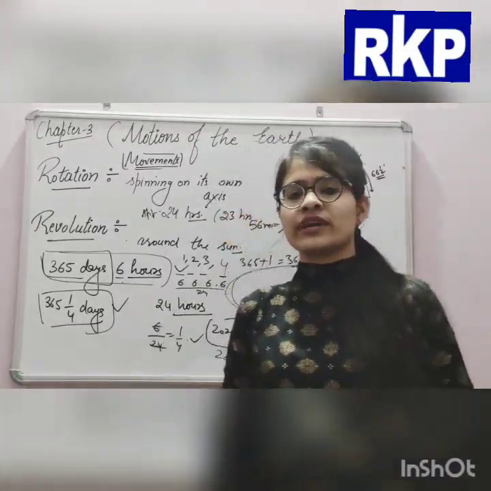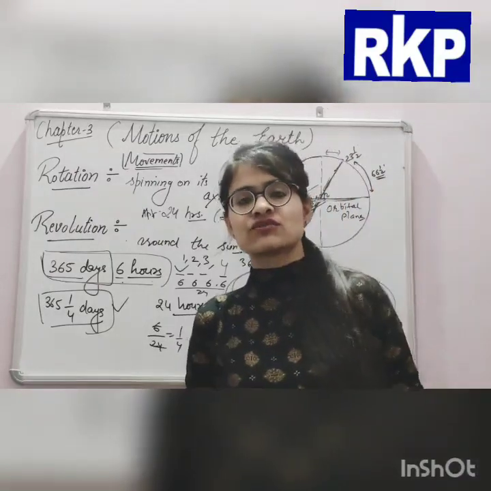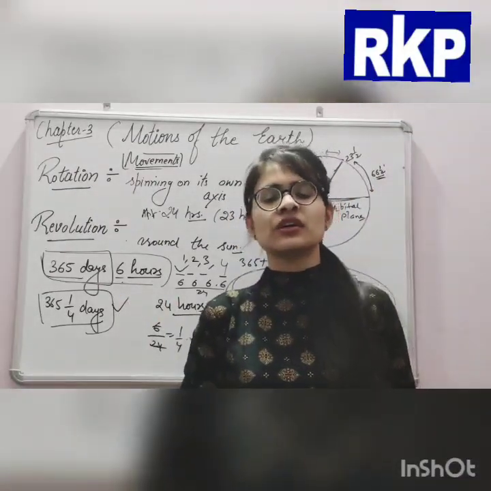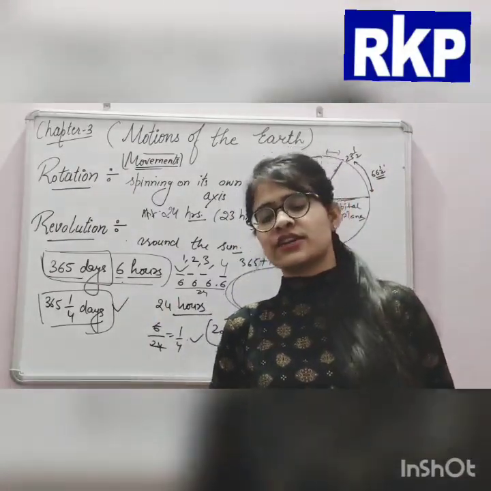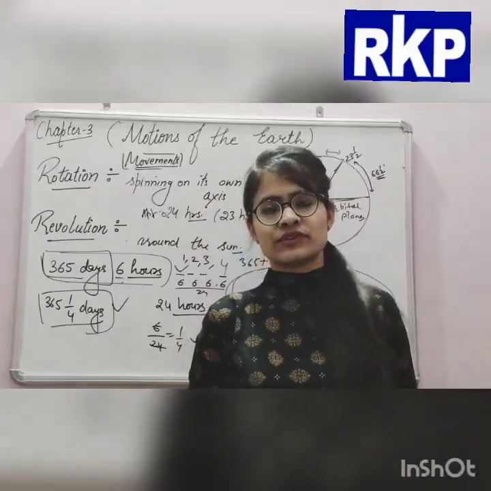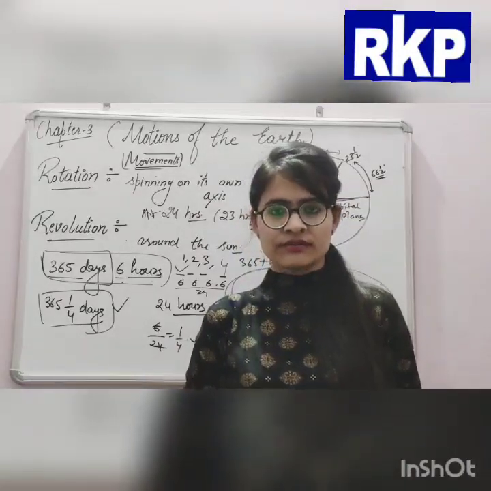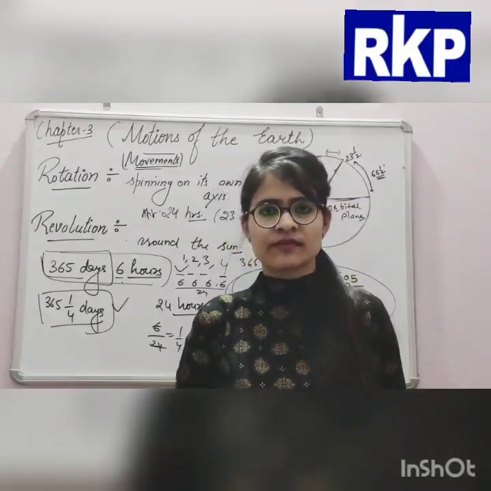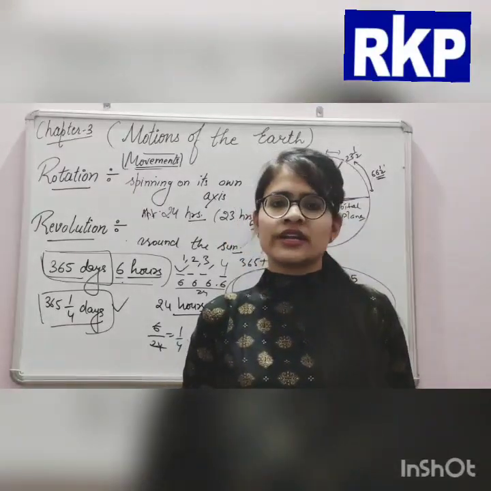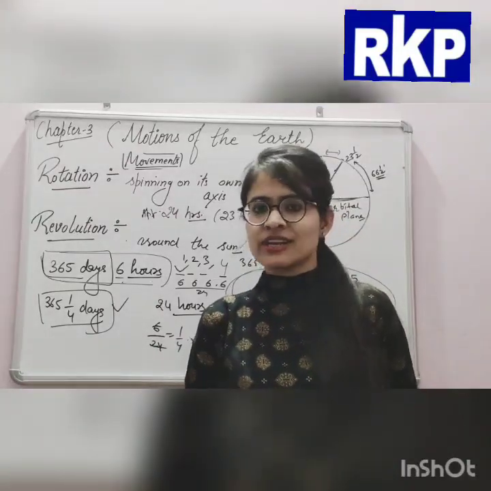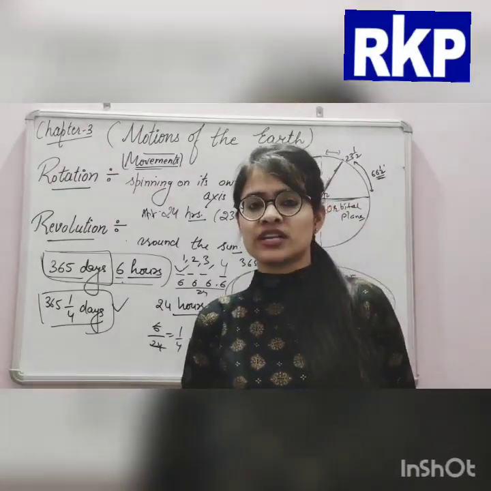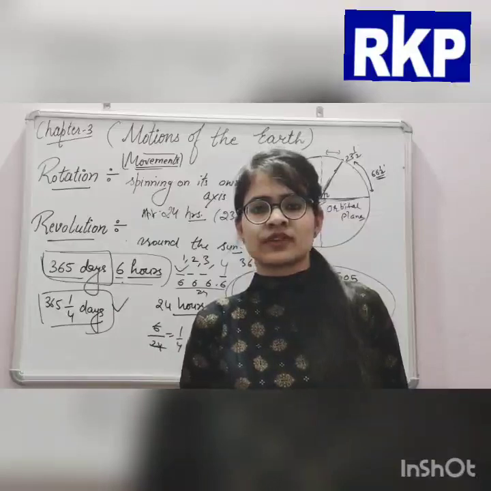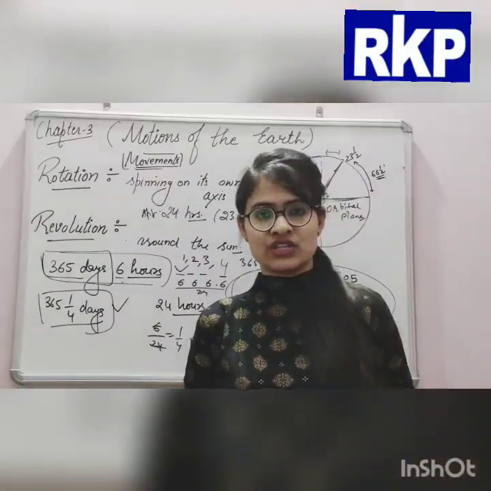Now you have to write the answers of some questions. I am adding some questions here. You have to write their answers and send them in your classwork group. First, what is rotation? Second, what is revolution? Third, time taken by Earth to rotate on its axis, it means for completing its one rotation.